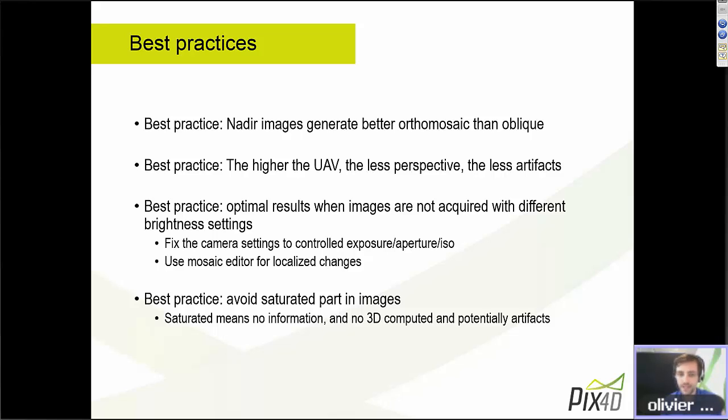And one of the big lessons is that if your images are looking nicely at the ground, very likely you will get a better orthomosaic than if you have images looking more oblique, more on the side. So it's really worth taking the images looking nicely at the ground to generate your orthomosaic instead of having them a bit more oblique.